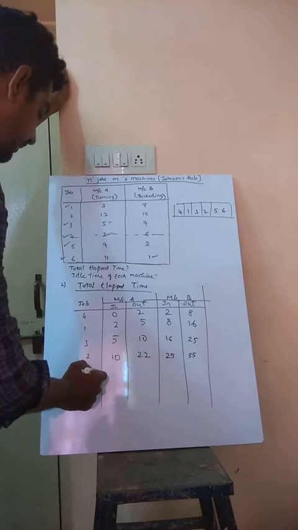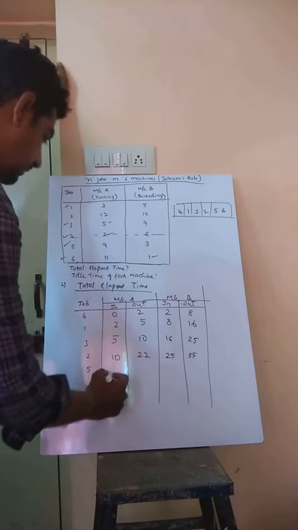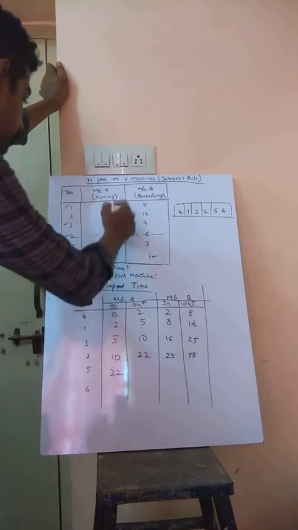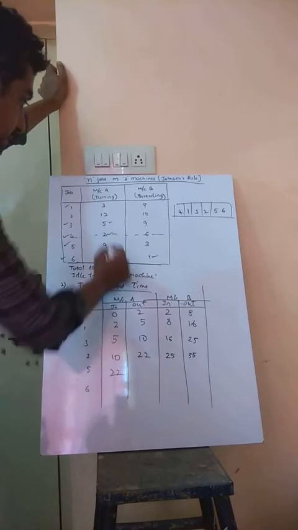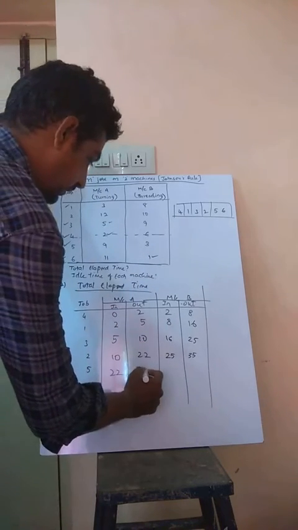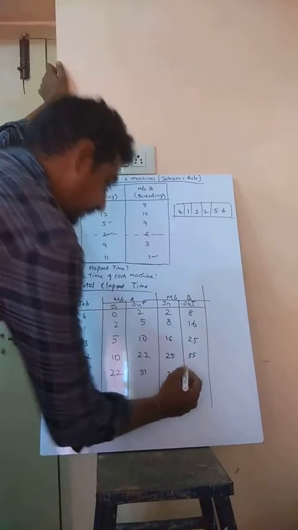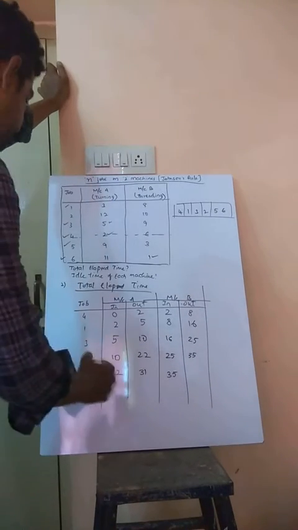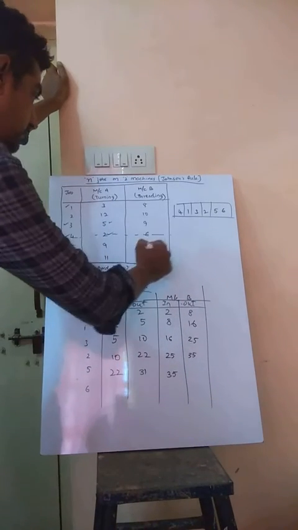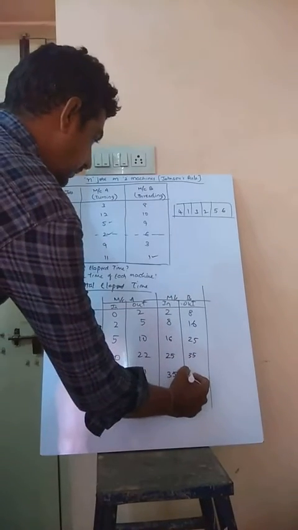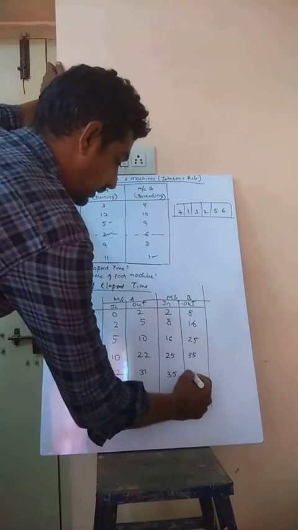Next, the fifth job: you can take it as 22. The fifth job on machine A is 9. 22 plus 9 is 31. Again do the same thing. The fifth job on machine B is 35 plus 3, that is 38.